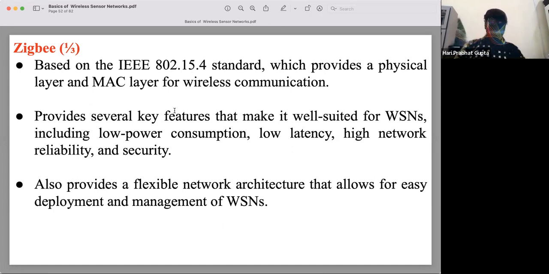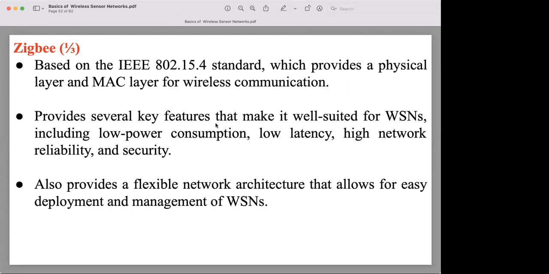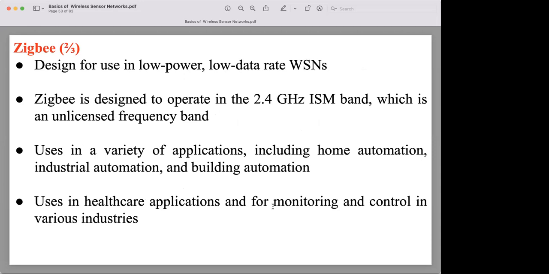That means it also has low power consumption, low latency, and high reliability and security, because it is based on 802.15.4. So it automatically captures all these properties. It also supports a flexible network architecture, allowing deployment and management of wireless sensor networks, and it supports 2.4 gigahertz because of the 15.4 properties.